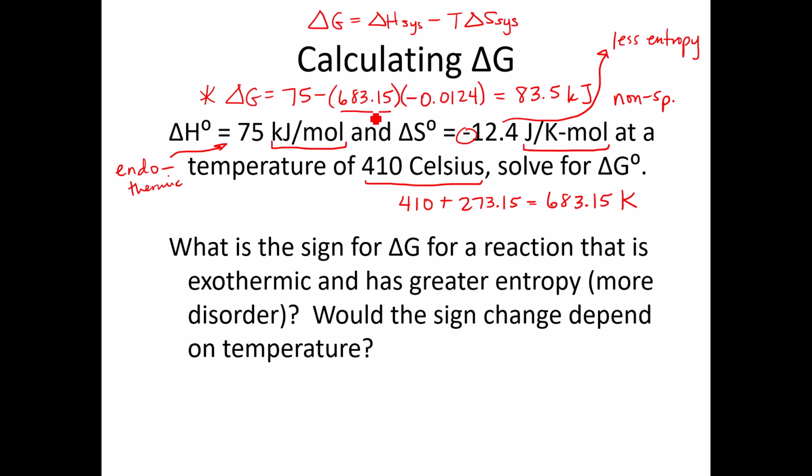No matter what positive number I put in here, delta G will always be a positive number because I'm subtracting a negative, which means it's only going to get larger. So this one would be never spontaneous. It has two unfavorable characteristics, and based on our equation, no matter what temperature I do this reaction at, it is never going to give me a negative delta G.